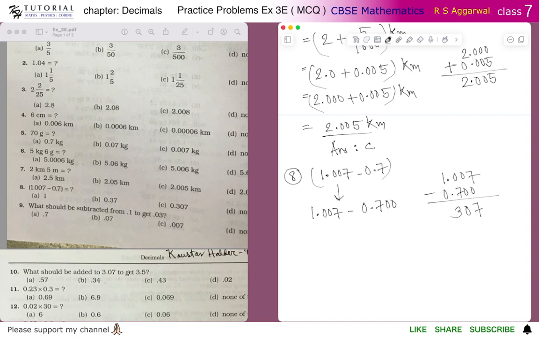Finally you put the decimal point 3 digits from the right, because the decimal numbers have decimal places of 3. So this becomes 0.307. No, sorry, this is just the difference, 0.307. When writing a decimal with no digits to the left of the decimal point, we conventionally write a single 0. So this is the answer.